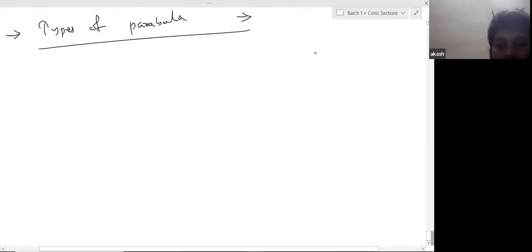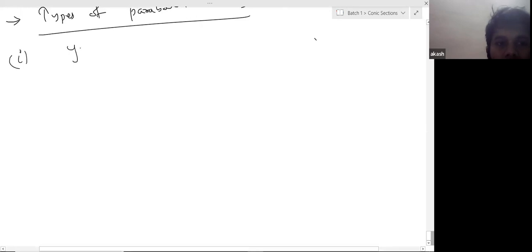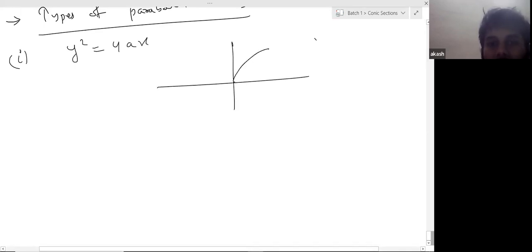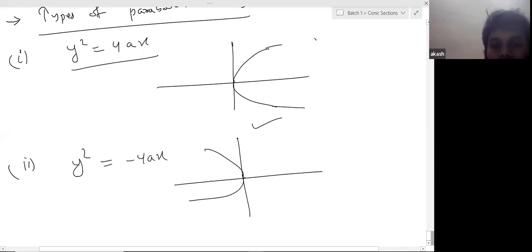The first type is y square equals 4ax. This looks like the diagram I just drew. Just remember the shape and the equation. If the equation is like this, the shape is like this. Second one is this. If the equation is like this, the shape is like this.